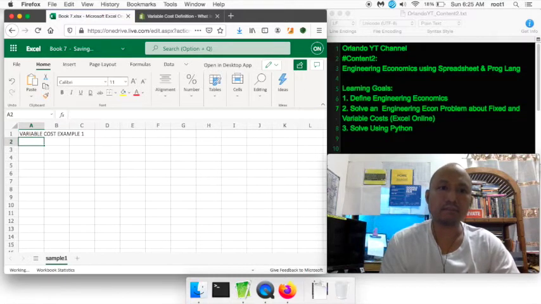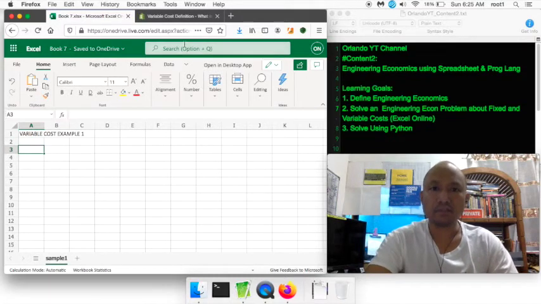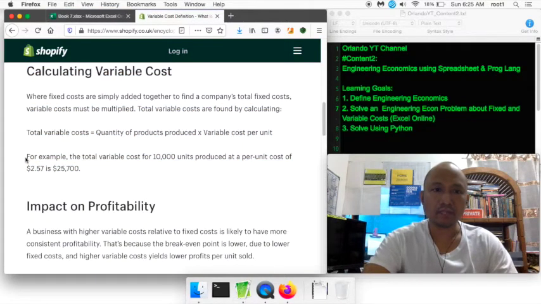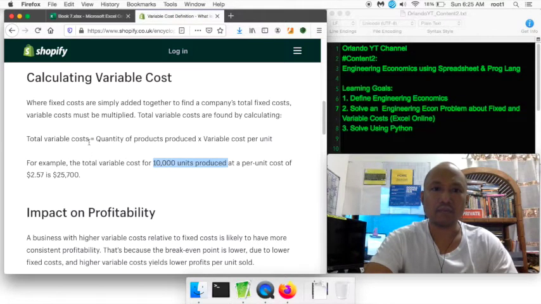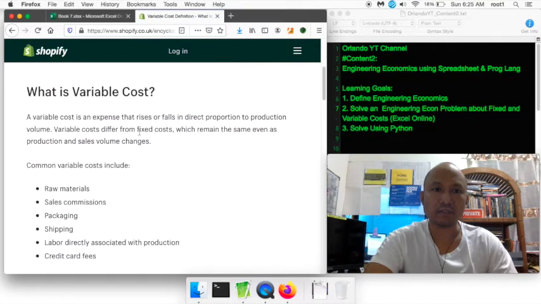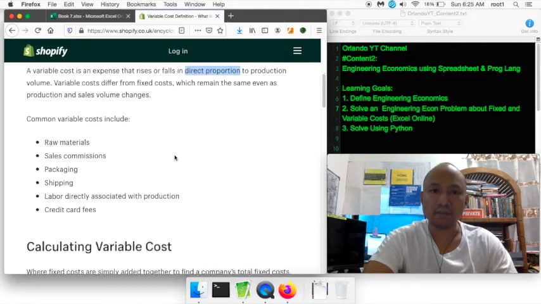Example 1. We need to look back to our problem, what is given. For example, total variable cost for 10,000 units produced. This 10,000 units refers to the volume. We go back to the definition of variable cost: it's an expense that rises or falls in direct proportion to production volume.